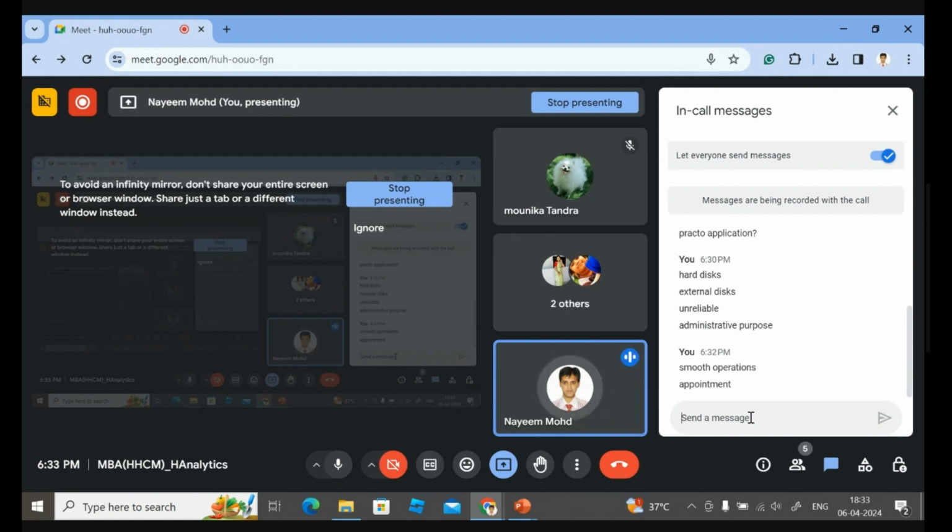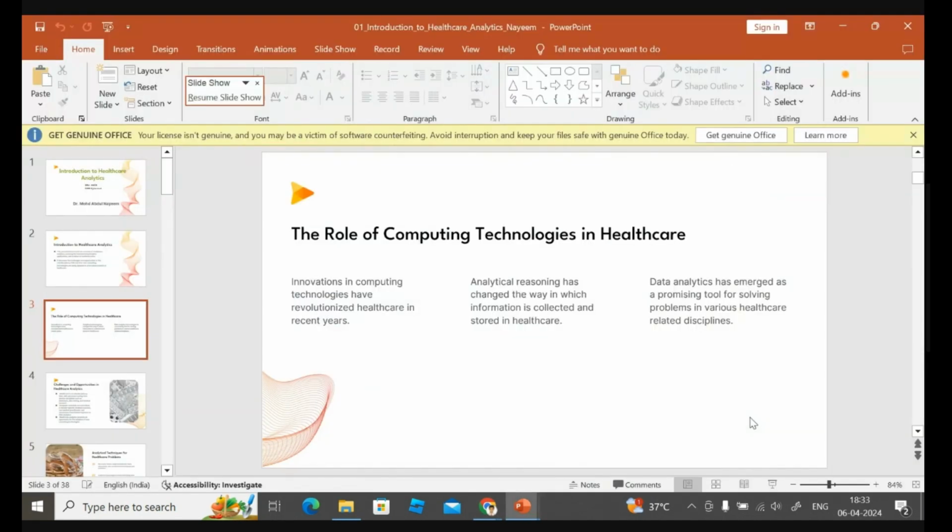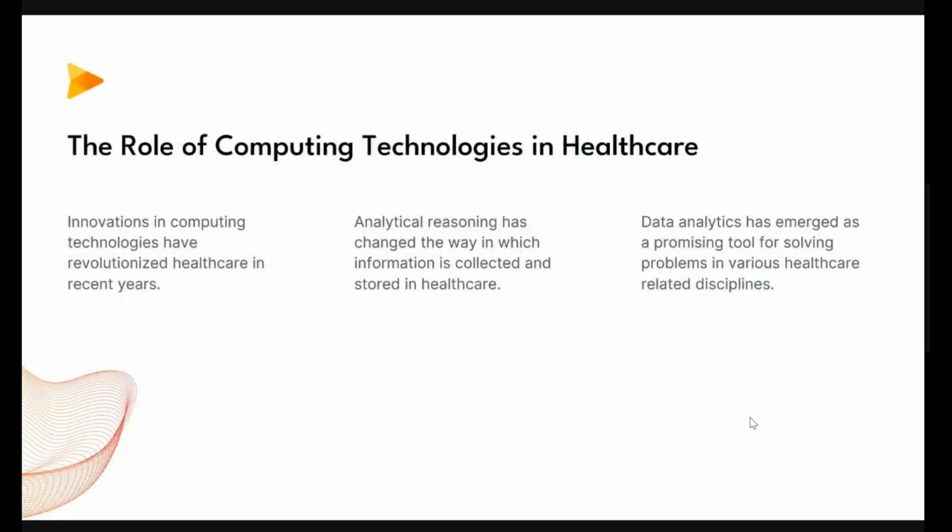And then about the diagnostics and so on, that is the reason it is making the operation smooth and making the patient's life very much at ease. So the patient's life will be at ease. That's the beauty of it. That's how you will be able to assist them and so on.